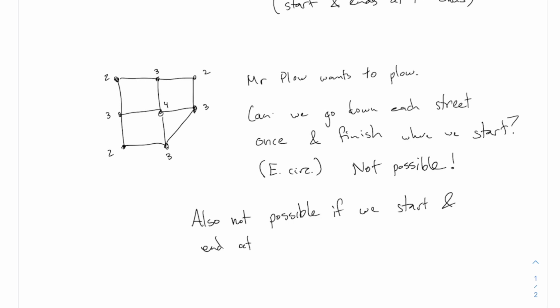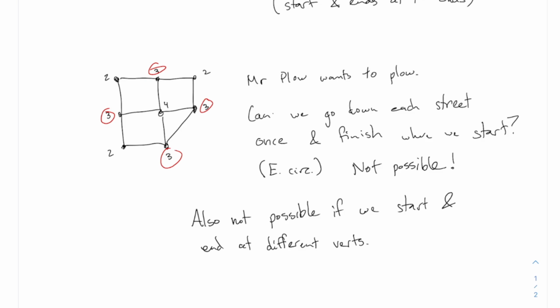That would be an Euler path, which is also not possible because I see 4 odd vertices, right? Those are the important ones, the odd ones. And there's too many. If there were exactly 2, then that would be possible, but there's 4 of them, so that is not possible if we start and end at different vertices. All right?